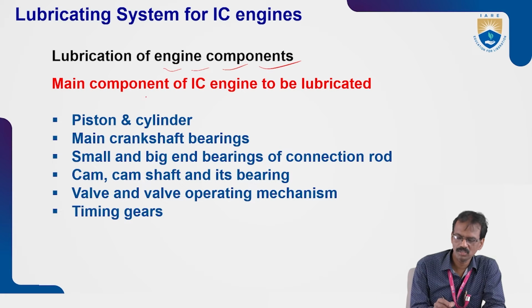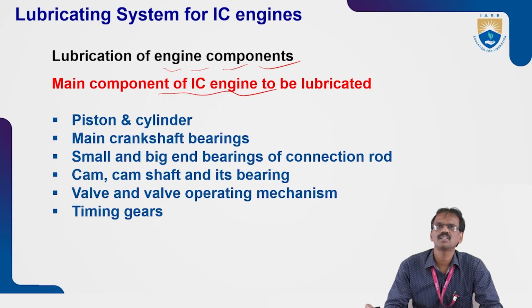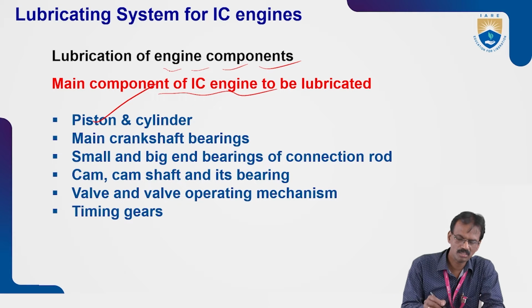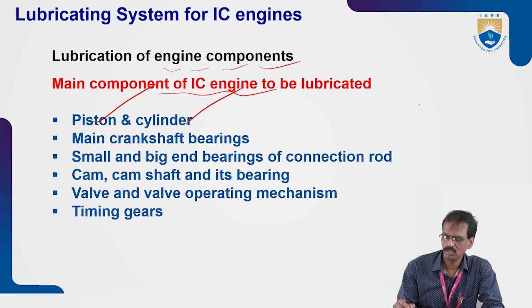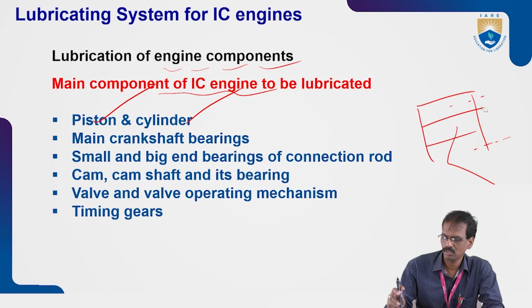So the main components of ICE engines to be lubricated are mainly the piston and cylinder, because in the cylinder, the piston always reciprocates along the inner surface from top to bottom. So there is a lot of chance for the occurrence of friction between the piston and the inner surfaces, because these are the two mating parts.